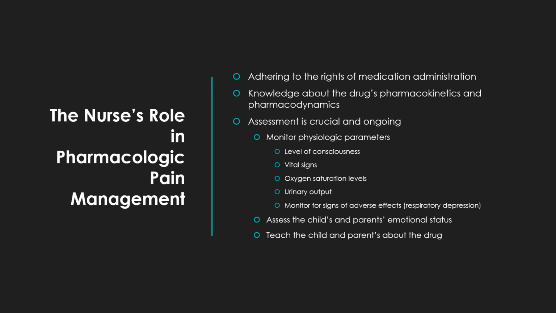What's their oxygen saturation level? Sometimes these medications can change urine output, any adverse effects, right? Respiratory depression with our opioids. So we want to just make sure we're really getting a good baseline assessment before we give any pharmacological interventions. Checking the emotional status, making sure the parents are aware of the medication they're being given, and are there any teaching points that we need to give.